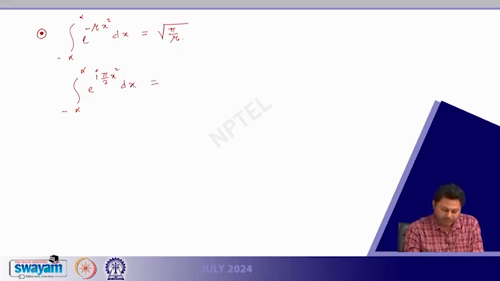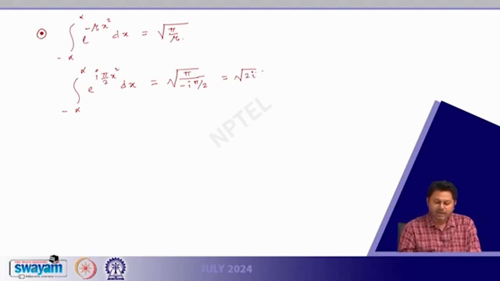That value should be pi divided by minus i pi by 2, or root over of 2i.